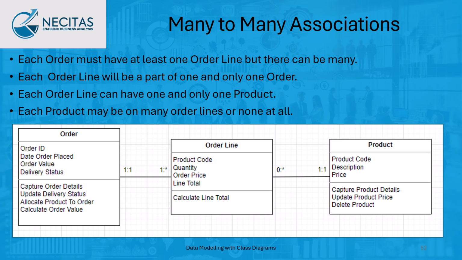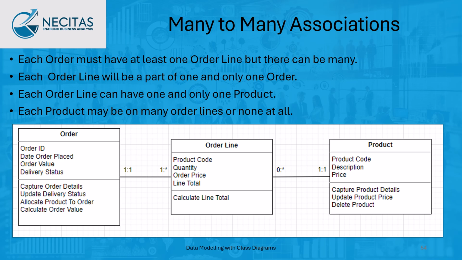Notice also that we've updated the model with additional attributes and operations. For the order class, we have attributes of order ID, date order placed, order value, and delivery status. The operations of the order class are capture order details, update delivery status, allocate product to order, and calculate order value.